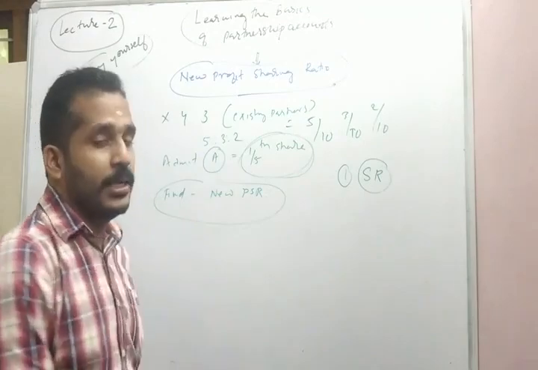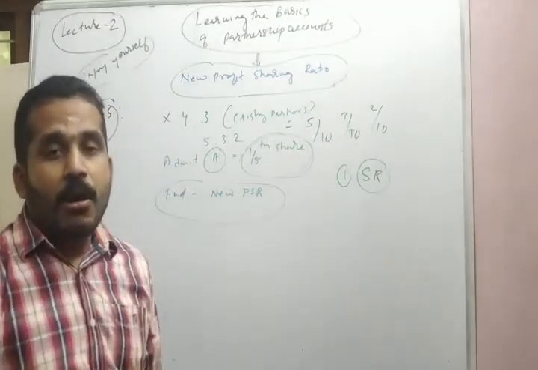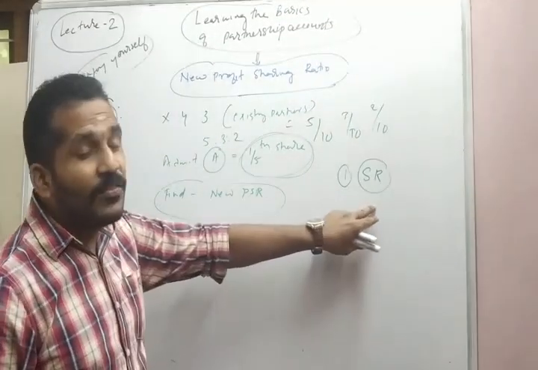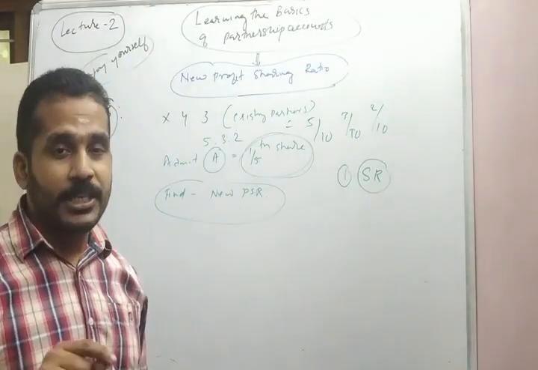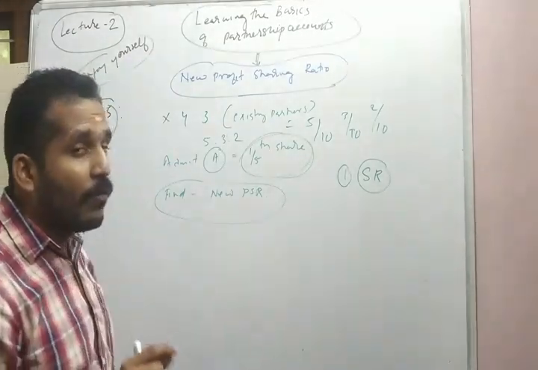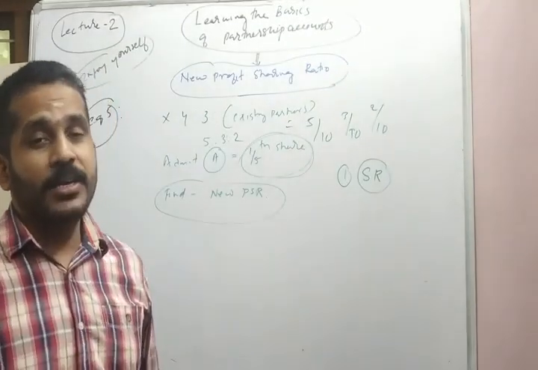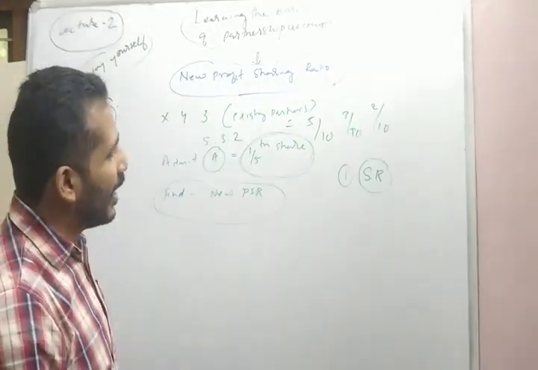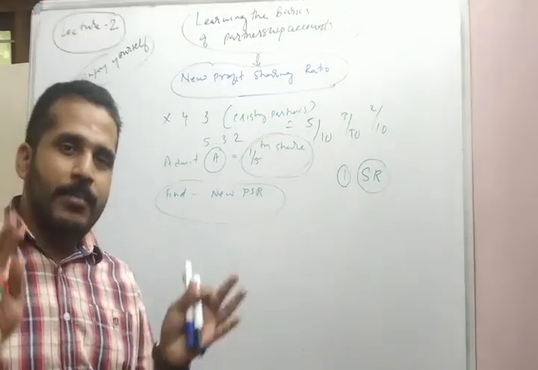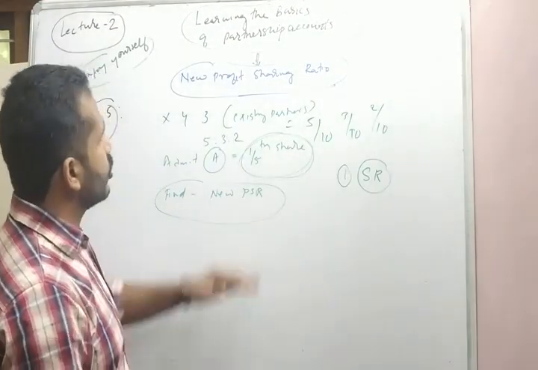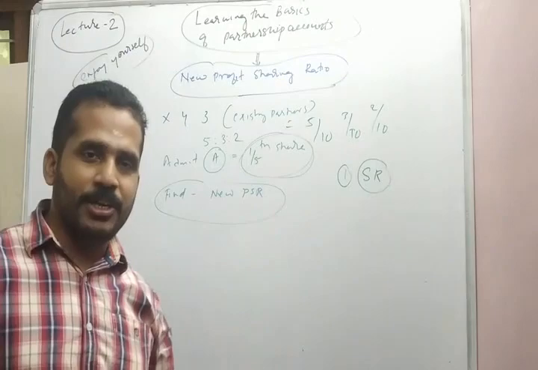In this question, the sacrificing ratio of the existing partners is not explained. So, how will you compute? Then we should apply an assumption and a mathematical concept for the computation of the new profit sharing ratio.